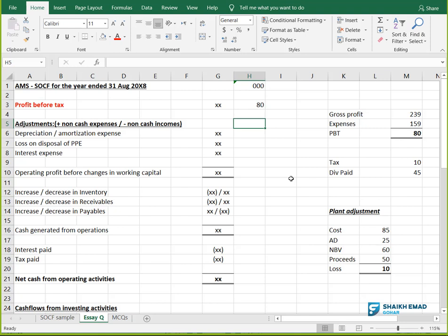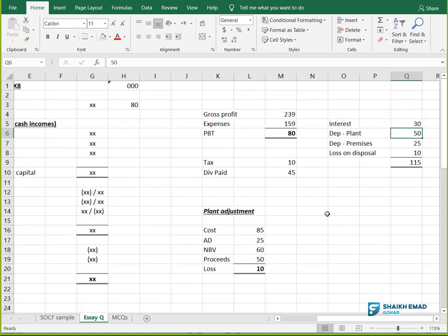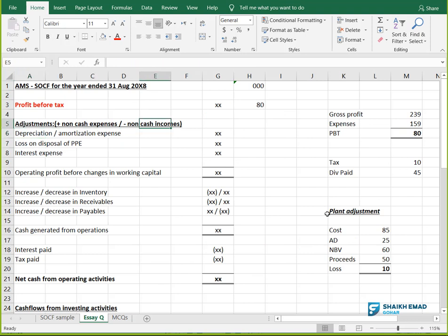Okay, can you tell me how much is my depreciation? How much is my depreciation? They told you, right? There are two types of depreciation they have given you. Remember? One was 50, another was 25. So what I need to do, I will add back 50 plus 25. 75, add back.